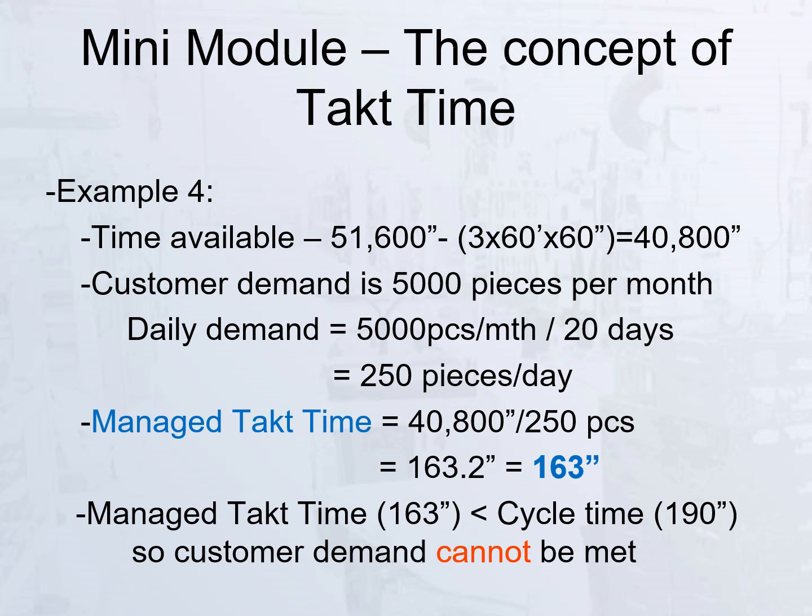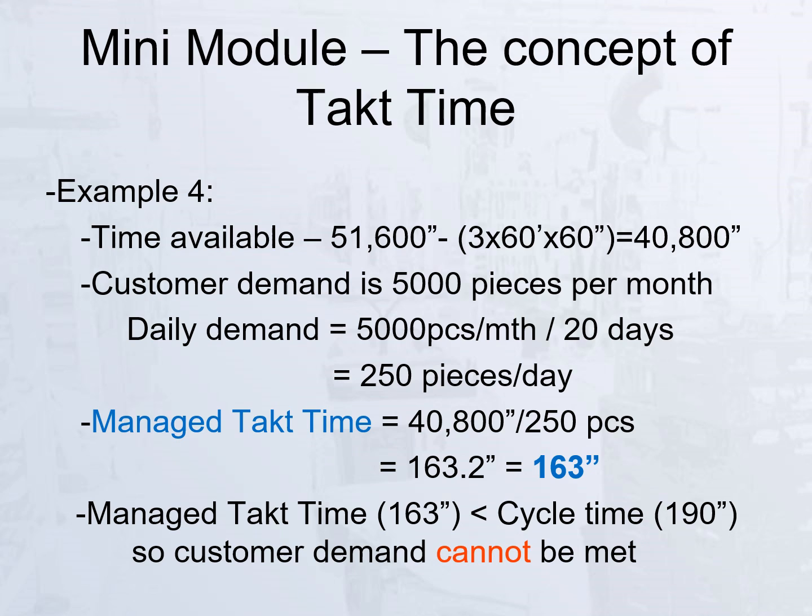Customer demand, again, 5,000 pieces per month, so our daily demand is 250 pieces per day. So our managed tack time is equal to 40,800 seconds divided by 250 pieces per day, which comes out to 163.2 seconds. We're going to round down, so we come up with 163 seconds.